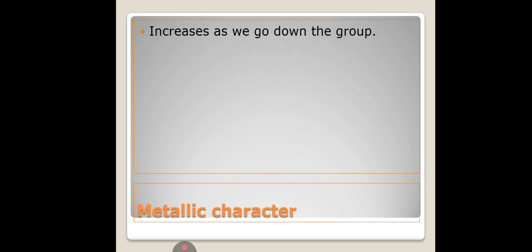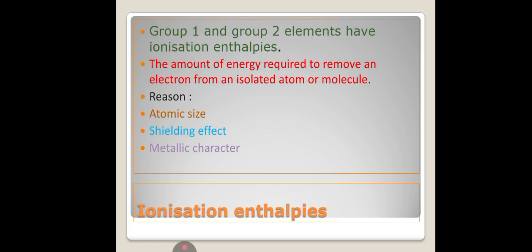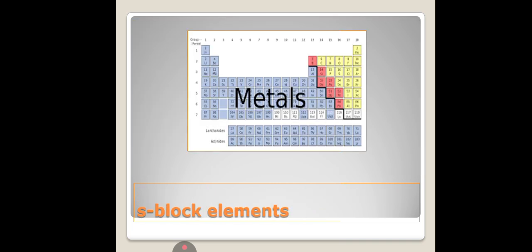Now, apart from this, let's also understand some of the properties of s-block elements. Metallic character. When we talk about metallic character, as we go down the group, students, the metallic character increases. Lithium has less metallic character, whereas cesium will have higher metallic character.